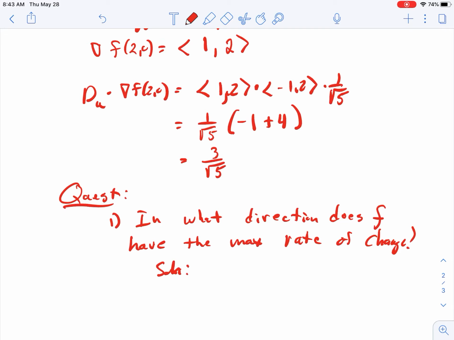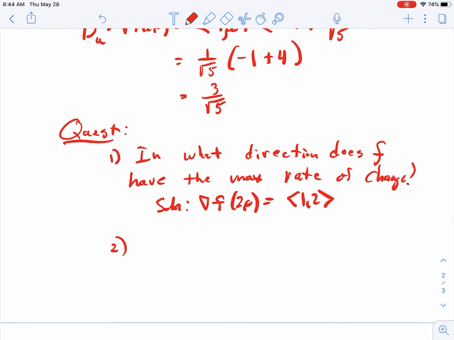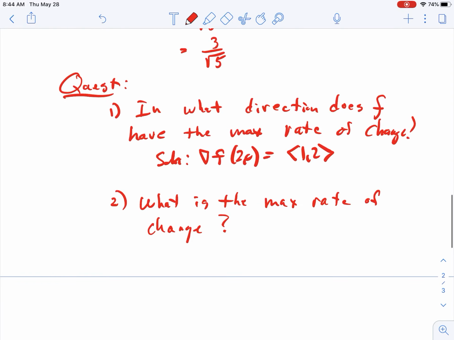Okay, well, the solution to that question would be the gradient of f at (2, 0), so therefore it would be (1, 2). Second question, let's say I asked you, what is the max rate of change?